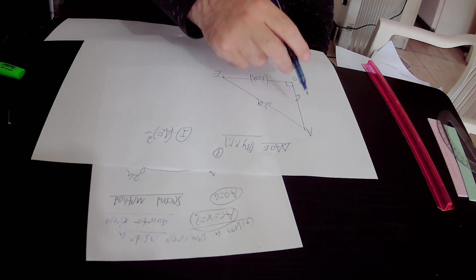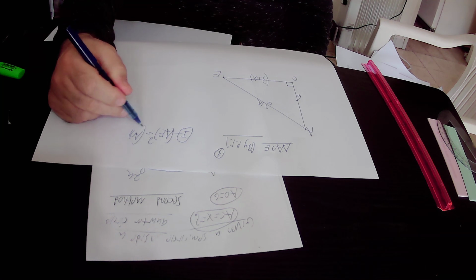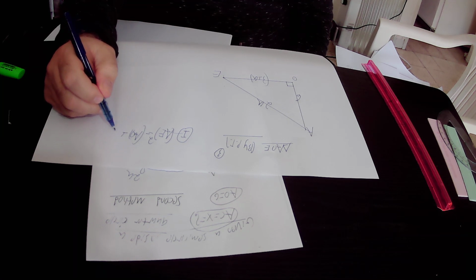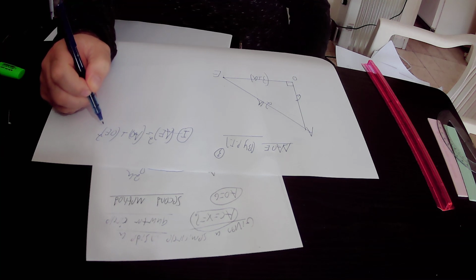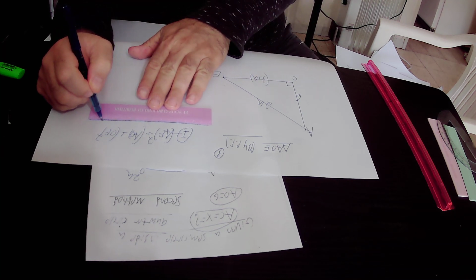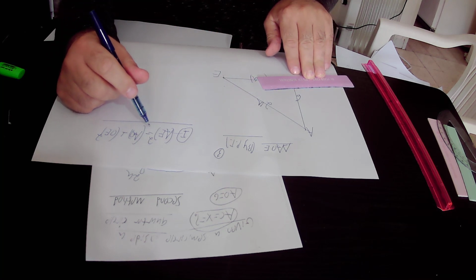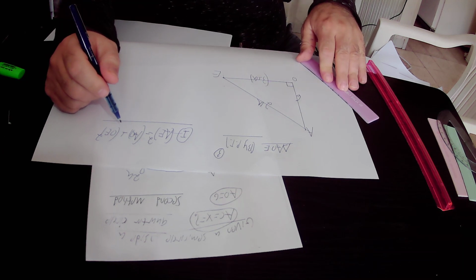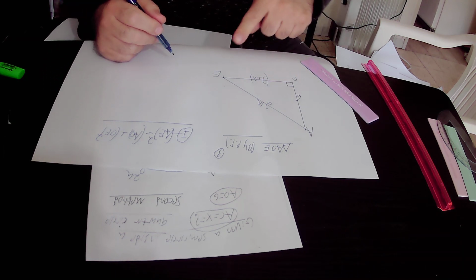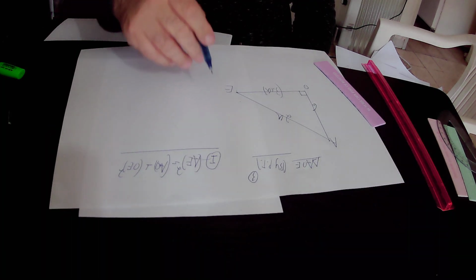That is to say, it must be equal to AO squared plus OE squared. So according to the Pythagoras theorem, AE squared equals AO squared plus OE squared. Here AE equals 2A, therefore AE squared will be equal to 2A squared.